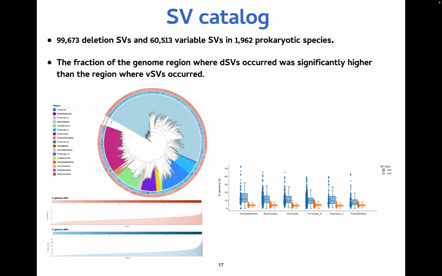We also identified a lot of deletion structural variations and variable structural variations from almost 2,000 species. And we found that the fraction of the genome region where deletion structural variations occurred was significantly higher than that of the variable structural variations.